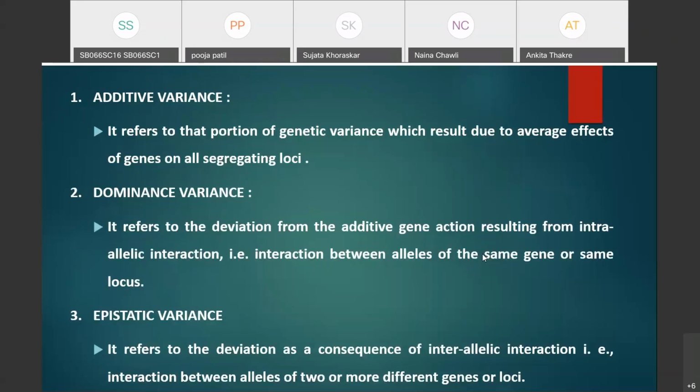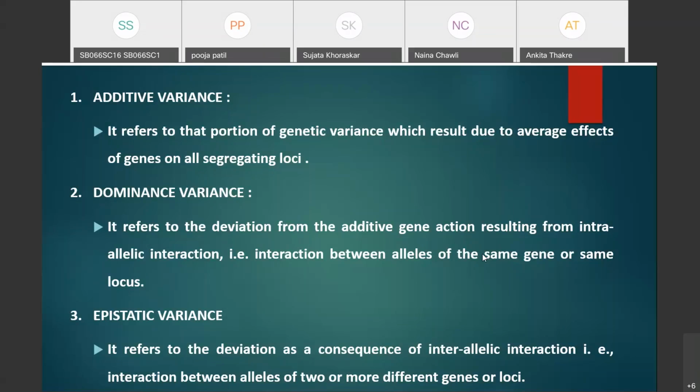What is meant by additive variance? Additive variance refers to the portion of the genetic variance which results due to the average effect of genes on all segregating loci.